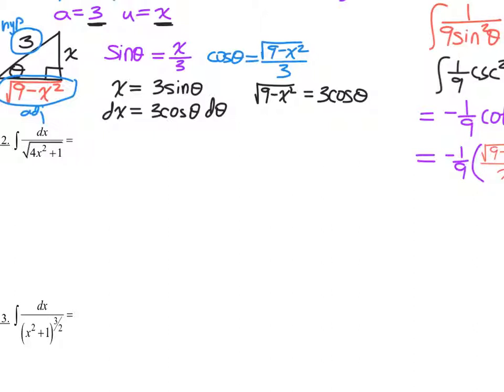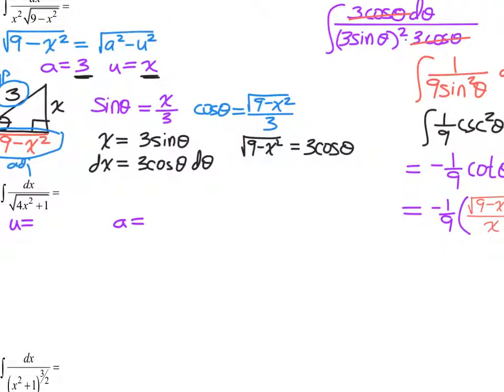But we could identify a u and an a and create a triangle out of this. What we got from the last problem is that the u is going to be the square root of the variable part. The a is going to be the square root of the constant part. So in this case, the u would be what? 2x. The a would be what?